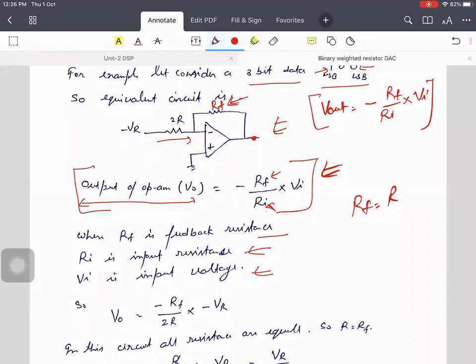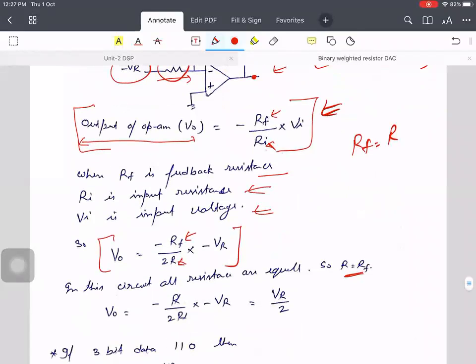Minus RF upon input resistance, which is 2R, into the input voltage, minus VR. So we get V naught equal to minus R upon 2R into minus VR, that is VR by 2. Clear? So for 100 we are getting the value VR by 2.